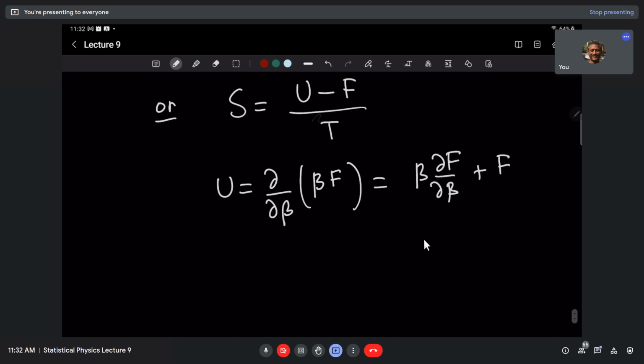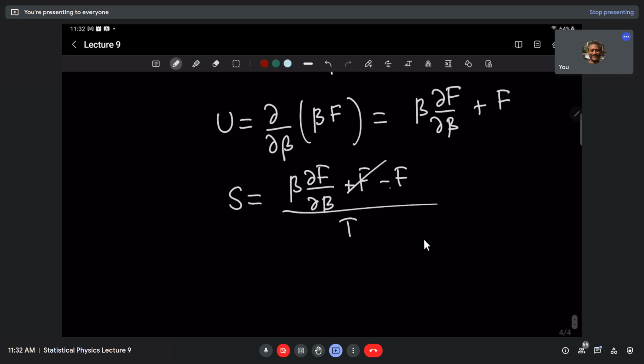So we can plug it in here and we get S equal to minus plus U minus F divided by T. So these two cancel, and we get it like this.